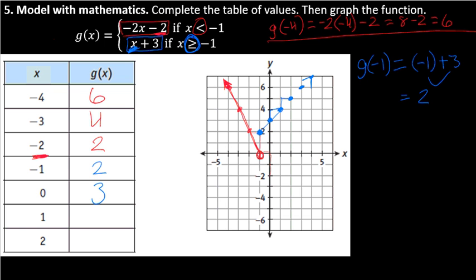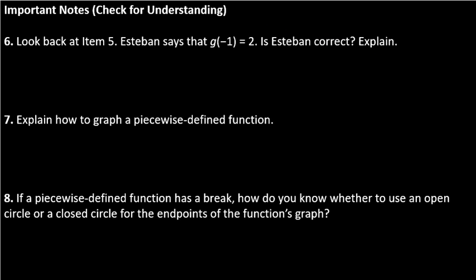So that's what our piecewise function is going to look like. And if we go ahead and finish the table, 1 gives us a value of 4, and 2 gives us a value of 5. So pretty straightforward. That's all there is to this, guys. And if you have graph paper, you can follow right along with this.